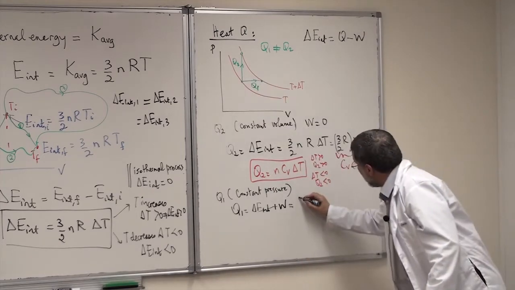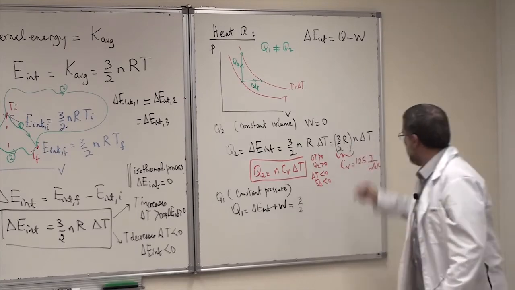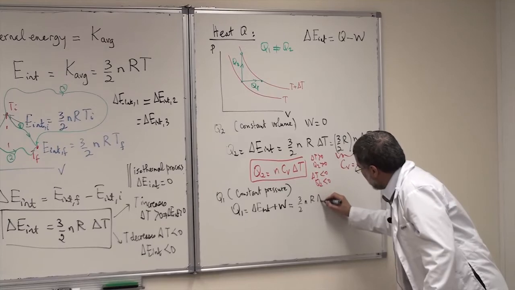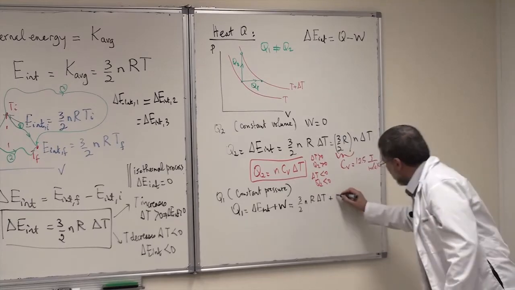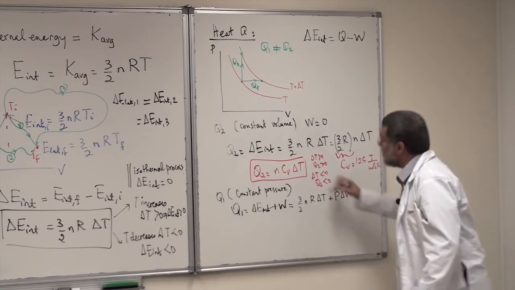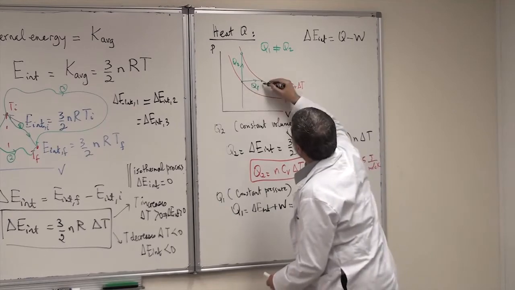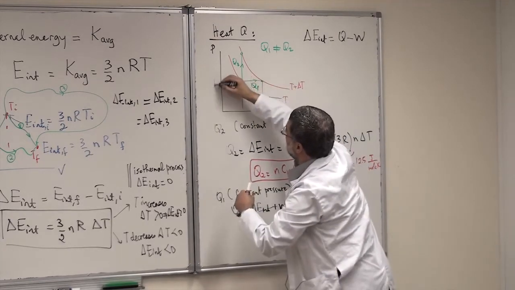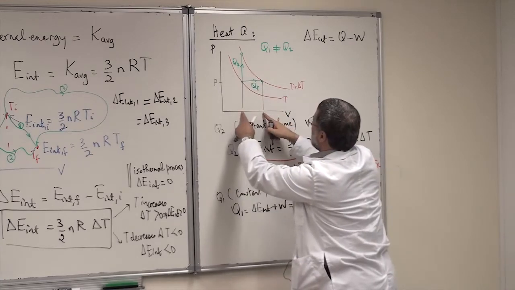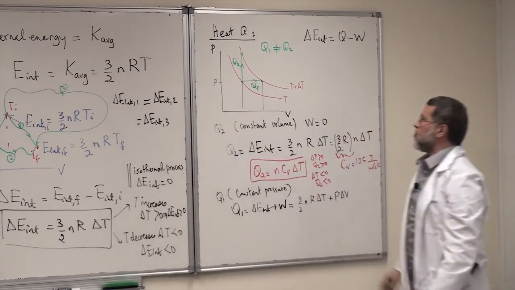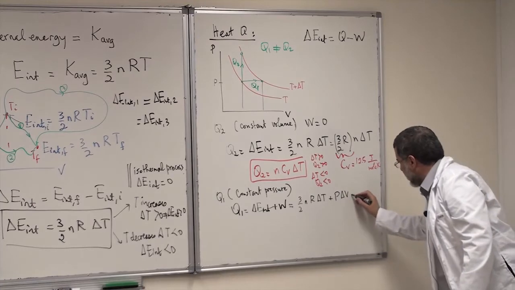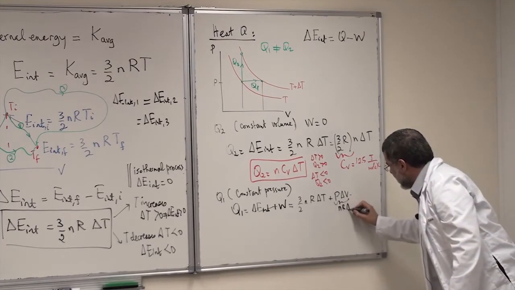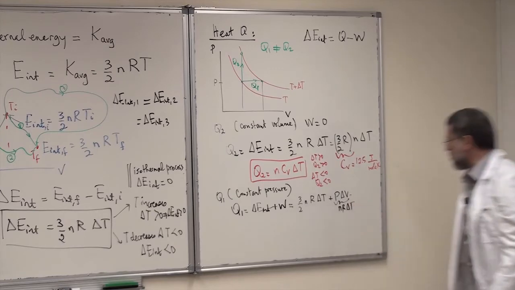So it will be 3 over 2 N R delta T plus P delta V, because the work will be the area here. It will be pressure P times delta V, the change in volume. It's the area under the curve, remember. But P delta V is equal to N R delta T. It was shown by Dr. Salim in the previous video, okay?